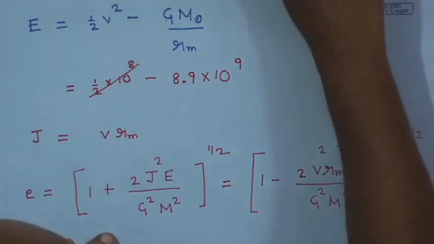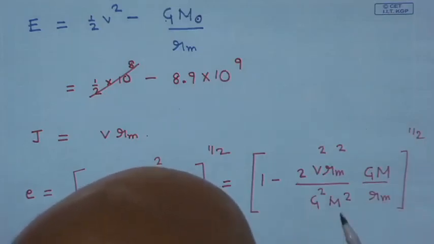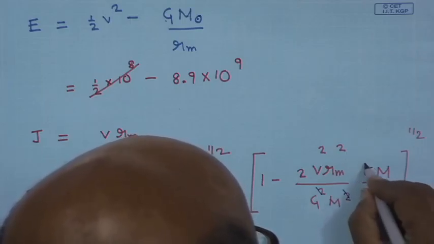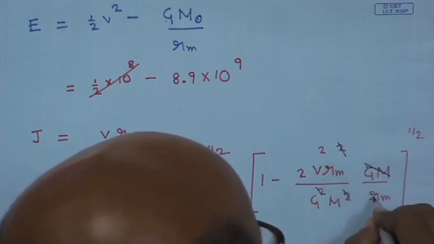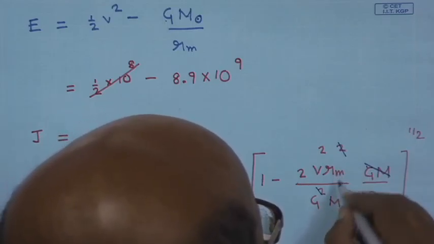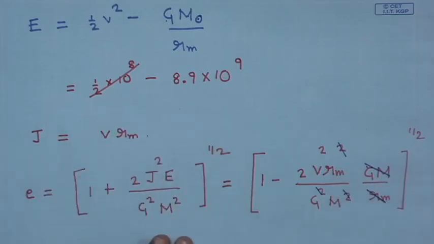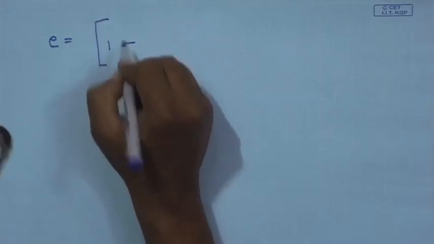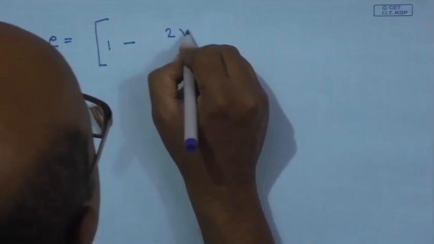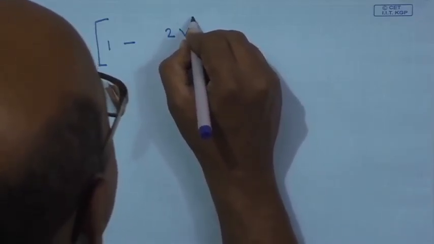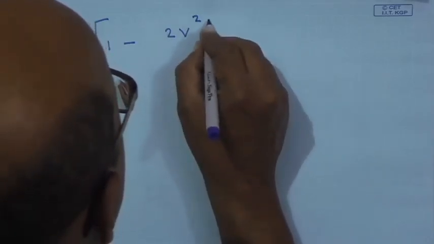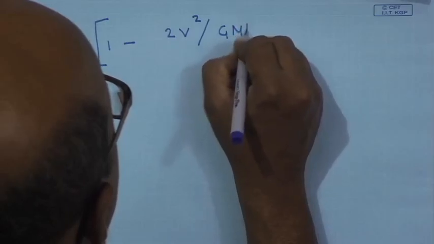What you see here is that a factor of G M cancels out with this, one factor of v cancels out, and one factor of r cancels out. So, what we are left with is that the eccentricity e is equal to 1 minus 2 v squared divided by G M by r min.